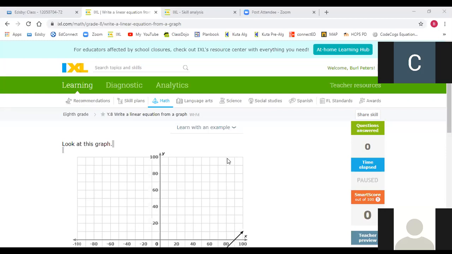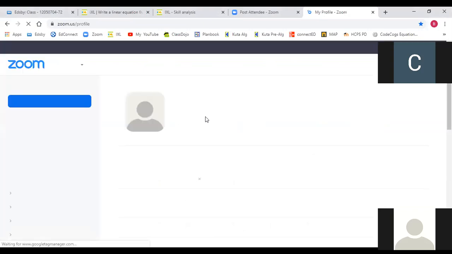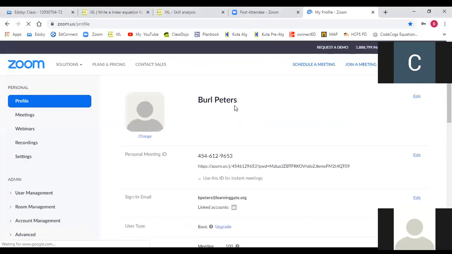All right. And are you using a phone or your computer, Phoebe? Computer. Okay. So let me just show people real quick how to change settings for yourselves, because some people set them and don't know how to switch them. Thank you, Phoebe. All right, so if we go to Zoom, and then go to the profile, you see up here where it says my name, and you click edit. You can select that on your name if you're using your computer.